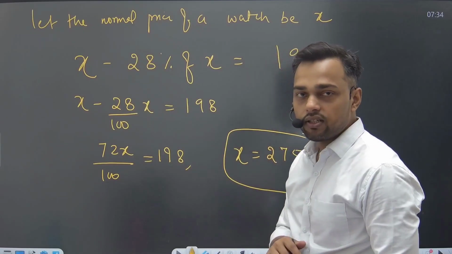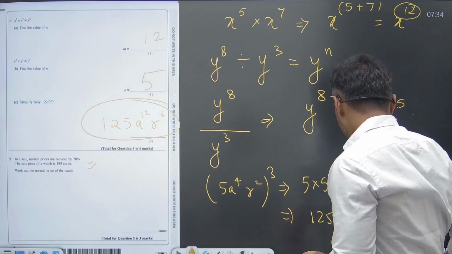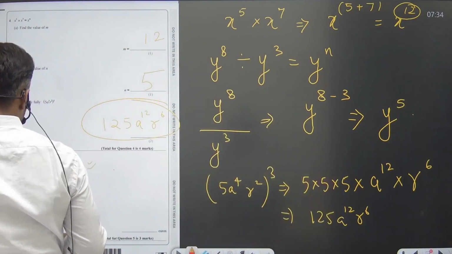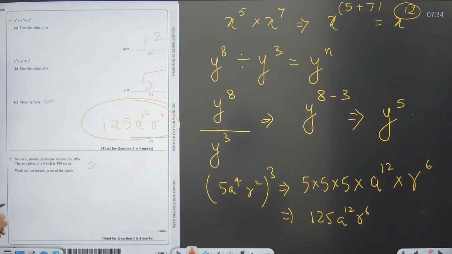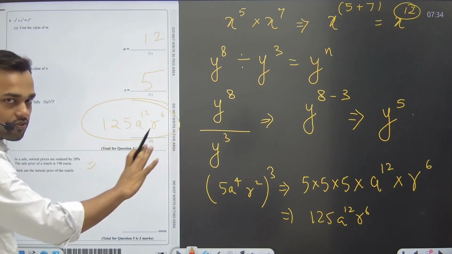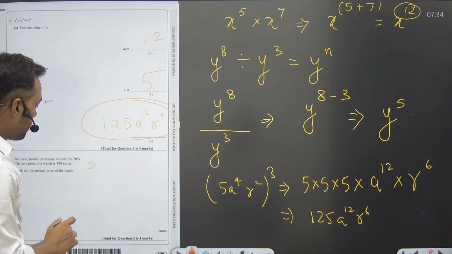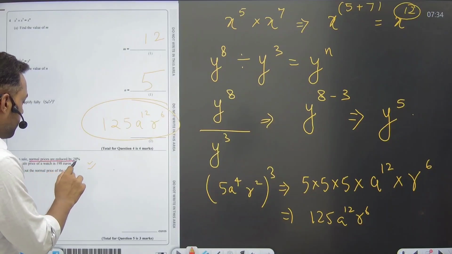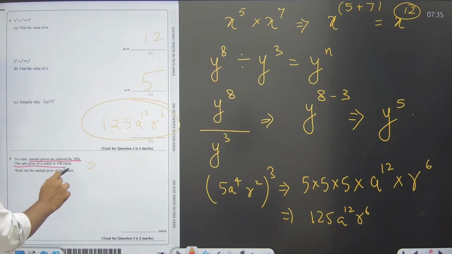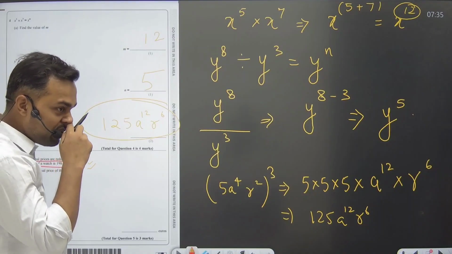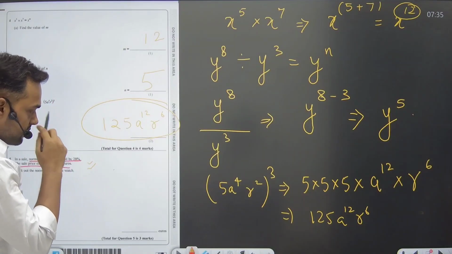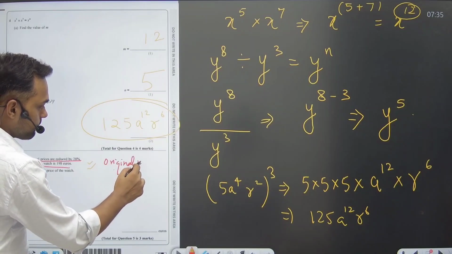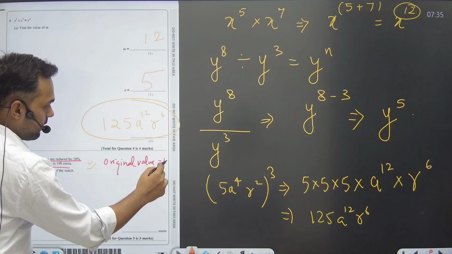Now I will discuss the second way to calculate it. If normal prices are reduced by 28%, the sale price of a watch is 198 euros. You just need to take the original value of this particular watch as 100 euros.